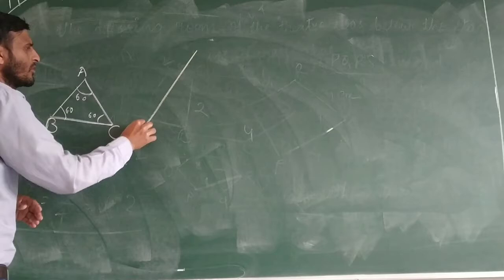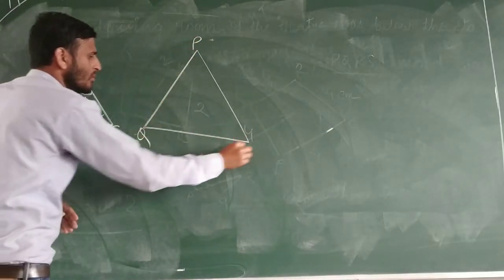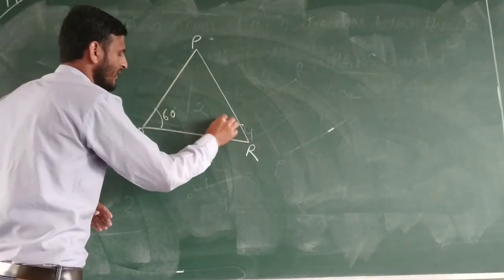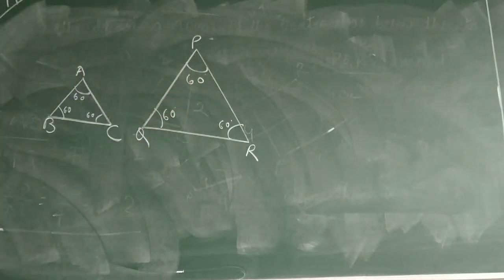Another triangle I am drawing, PQR, also of 60 degree each. Both figures are equiangular, because each angle of triangle ABC is equal to the corresponding angle of triangle PQR: 60 degree for A and P, B and Q, C and R. Correct?